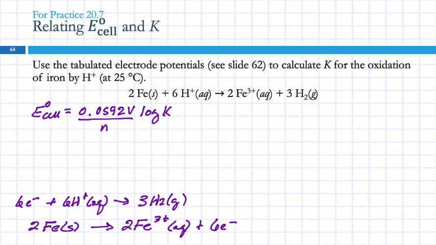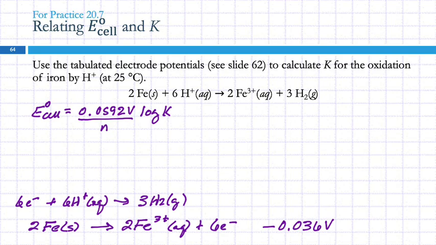So we need to find the cell potentials. So Fe3+ to iron solid. This is the one that's written backwards. It's the oxidation instead of the reduction, so I'm going to change the sign. In the reduction table, it says negative 0.36.